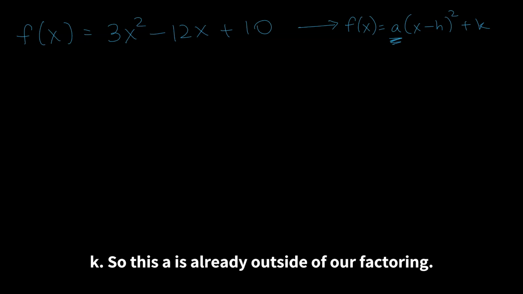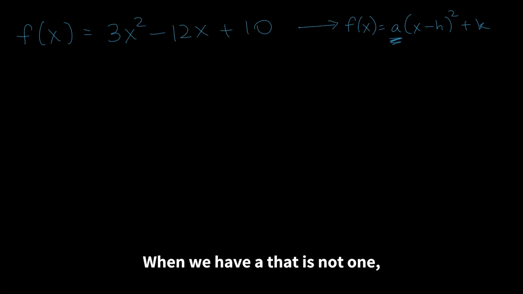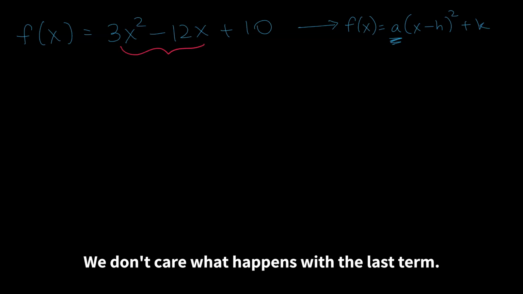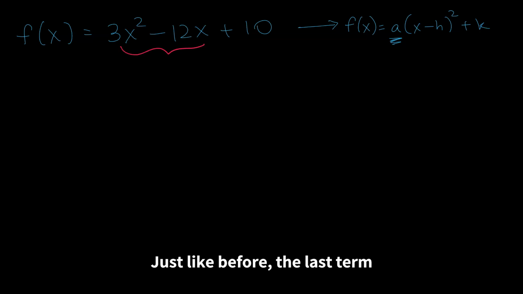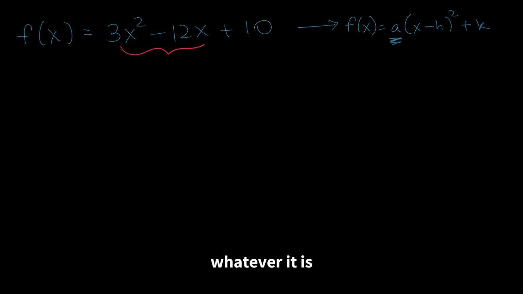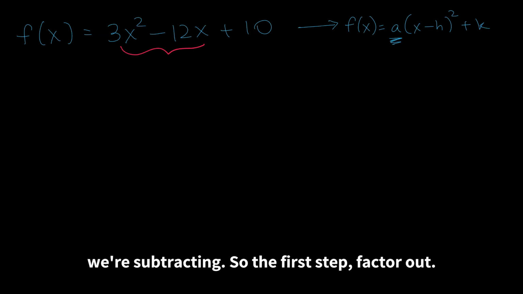So this a is already outside of our factoring. When we have an a that is not 1, we have to factor it out of just the first 2 terms. We don't care what happens with the last term. Just like before, the last term just hangs until we're ready to add it to whatever it is we're subtracting.